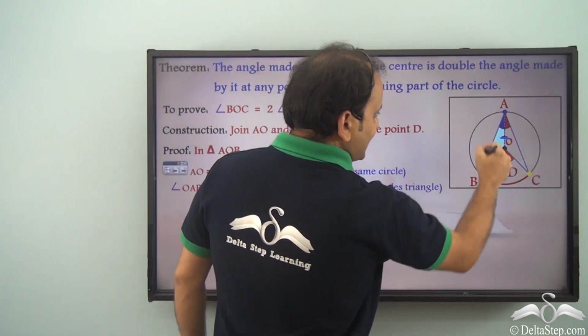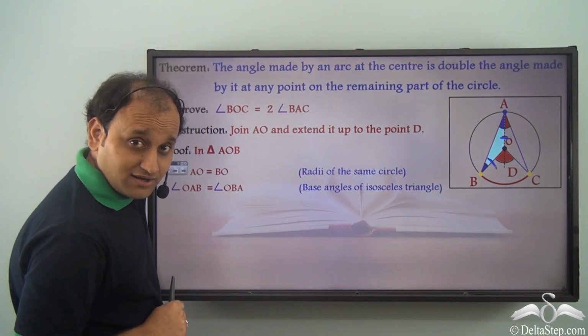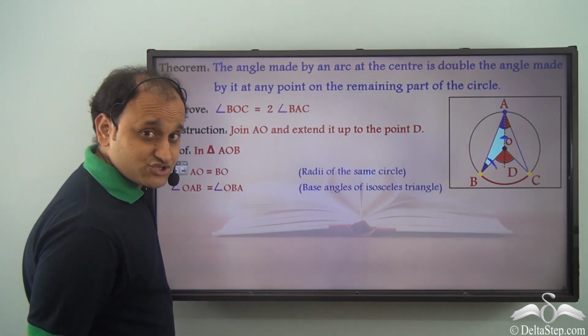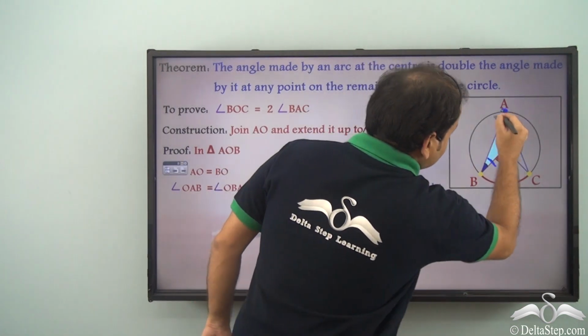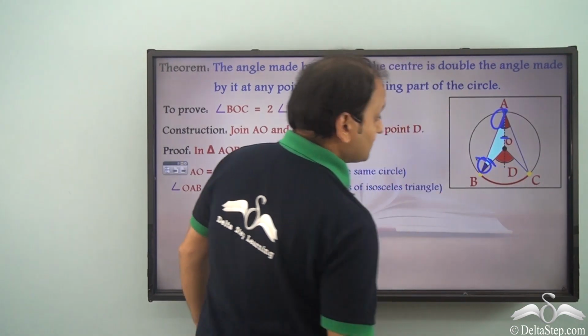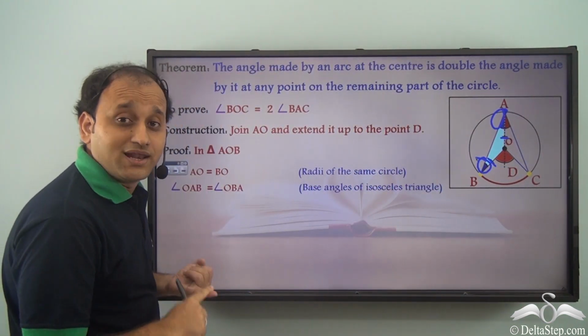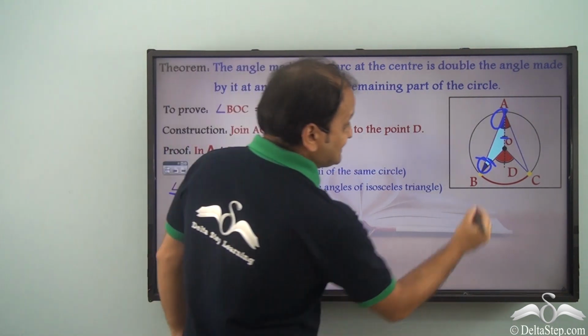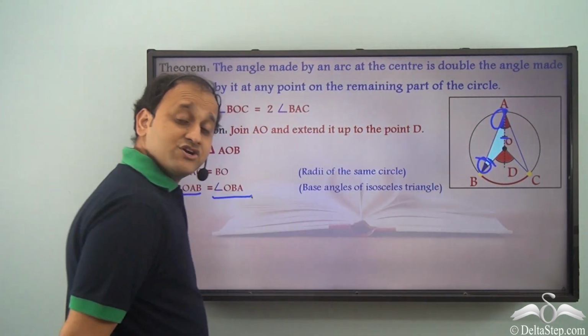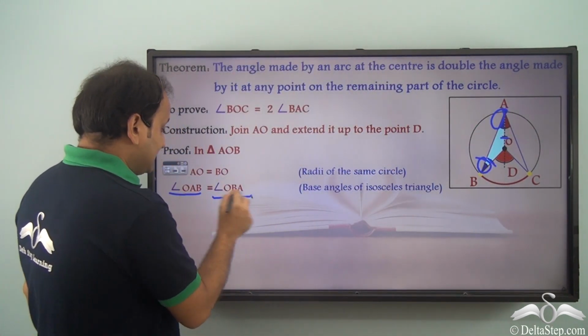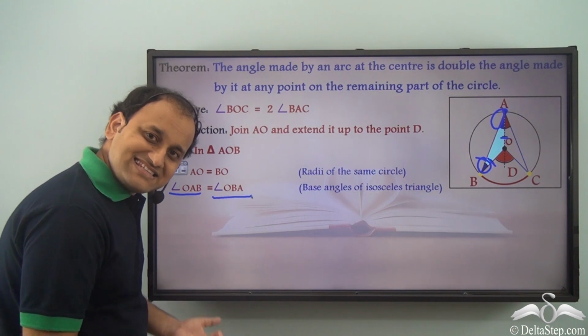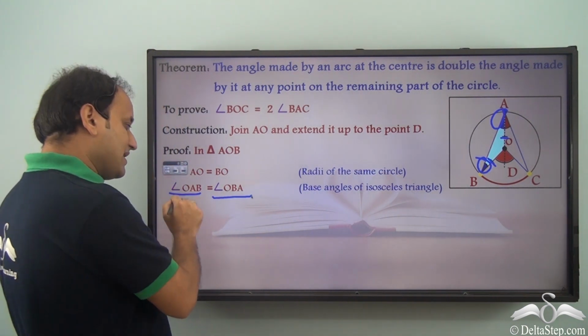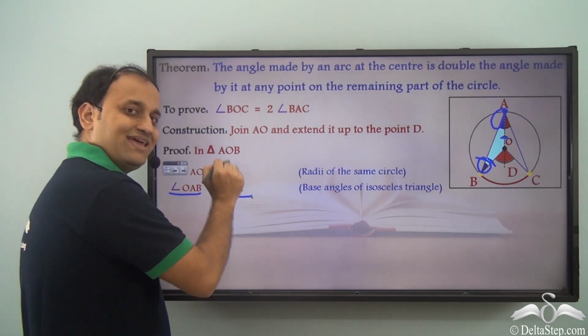So, this is an isosceles triangle, and in the case of an isosceles triangle, the base angles are equal. So, here angle OAB and angle OBA are base angles of the same isosceles triangle. So, their values will be same. So, we have angle OAB is equal to angle OBA.